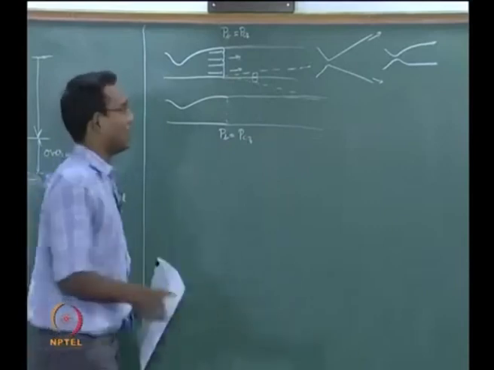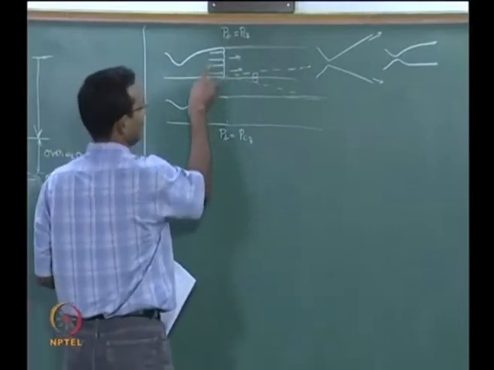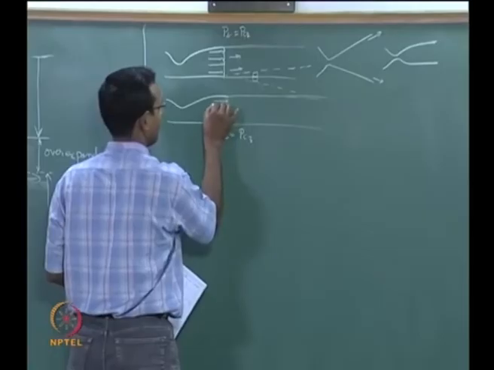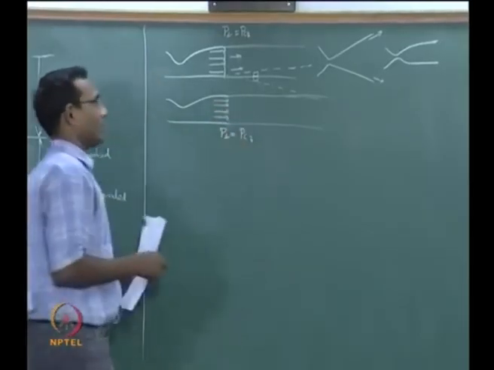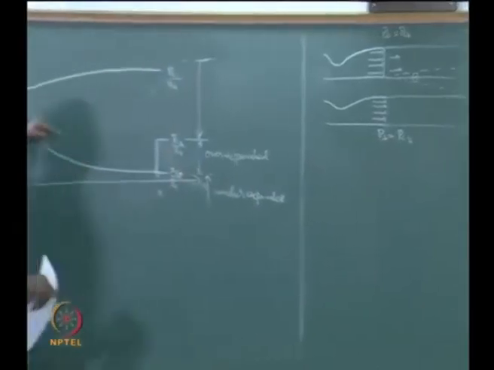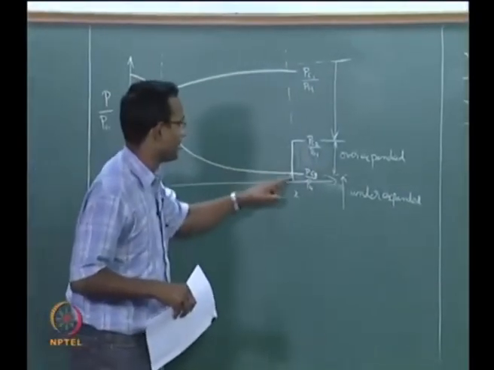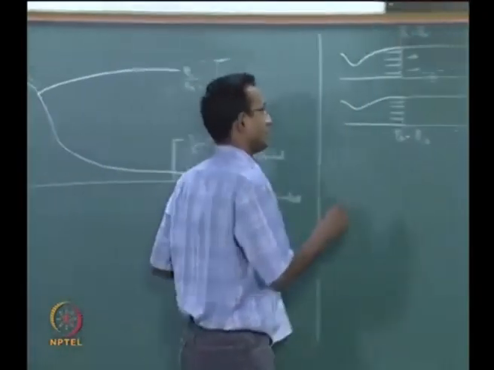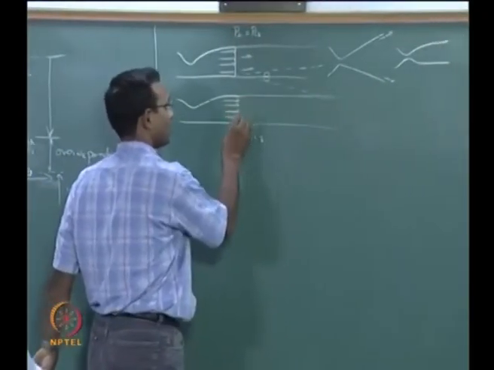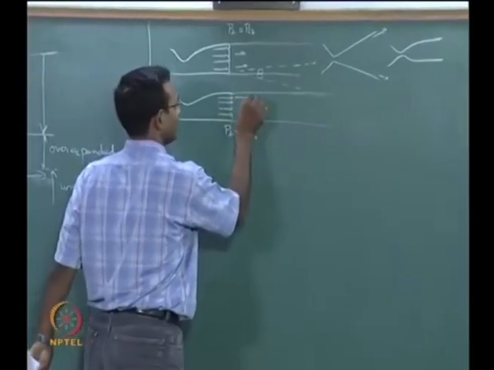The only difference now will be that whatever is the velocity here at the exit, it will be the same value here. Why is it the same value? I go back to this curve and I see there is no change between PC2 and PC3 up to the exit, so it will be the same here. And there is no shock at the exit this time, so it will be the same on the other side.